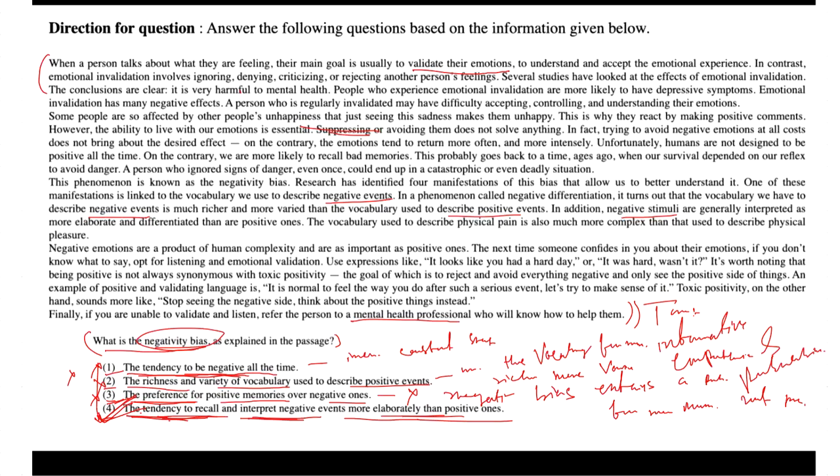Negativity bias, as explained in the passage, refers to the tendency to recall and interpret negative events more elaborately than positive ones, because this bias causes individuals to focus more on negative experiences and to dwell on them, often leading to heightened emotional responses.